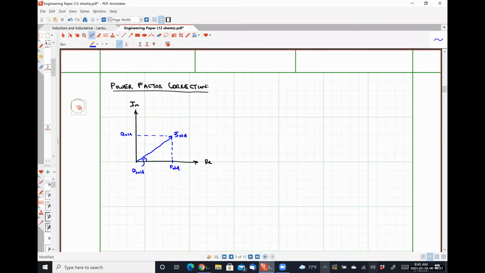So if this load is operating at too low of a power factor, in order to increase our power factor to an acceptable level, we have to change the value of this angle, theta S old, right? So if we want to increase the power factor, do we need to make that angle larger or smaller?